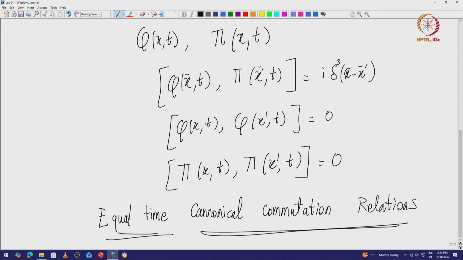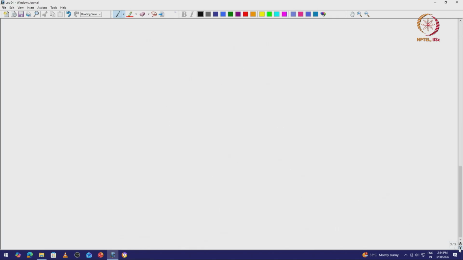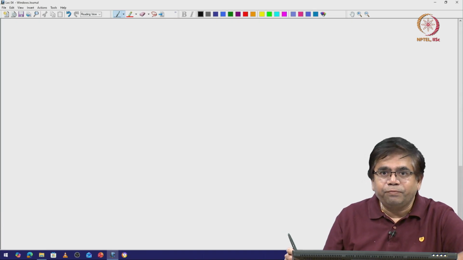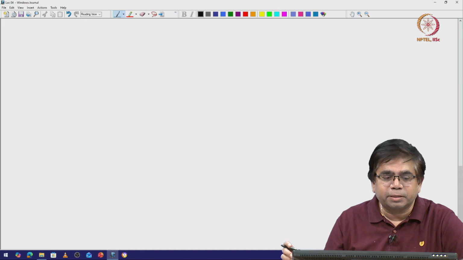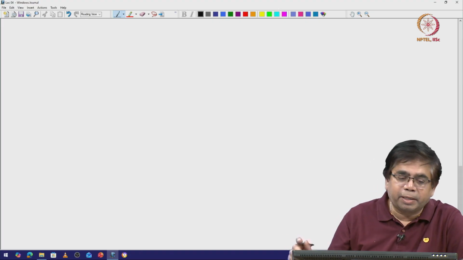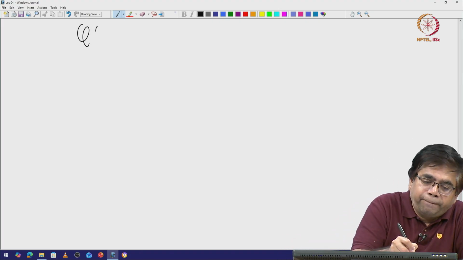Now we want to see what this phi field is. Before proceeding further, the phi field should not be considered as a single dynamical variable. It should be considered as a collection of dynamical variables, phi of x, t.